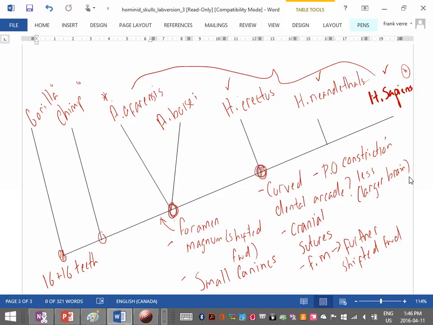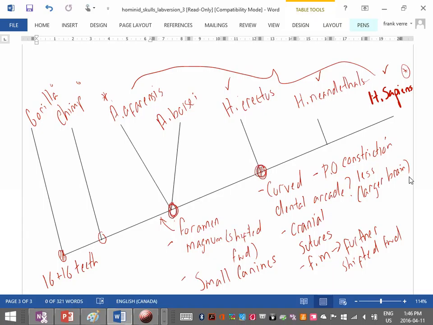Very similar, right? But when we put Homo erectus, what do you see? A huge difference. Okay? So that constriction is an indication of actually how big that brain is getting. It's getting quite large.